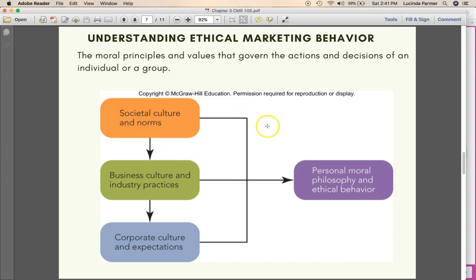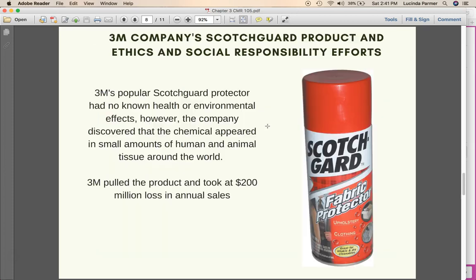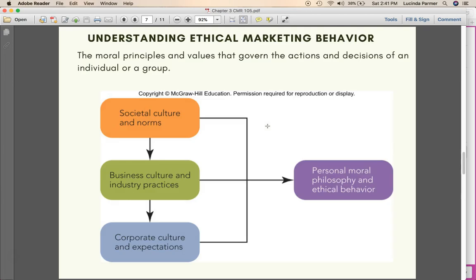Let's look at understanding ethical marketing behavior. Companies definitely want to look at how they are operating in the environment based on their business culture and practices, their corporate culture, and even societal culture and norms. So there has to be some sort of ethical gauge when making products, distributing them, and selling them.